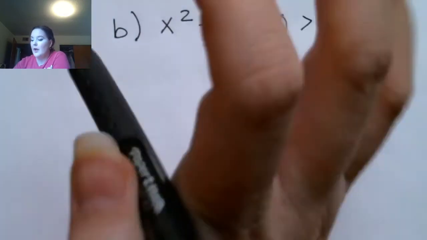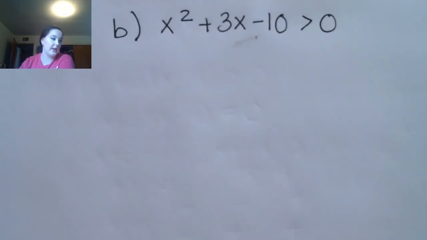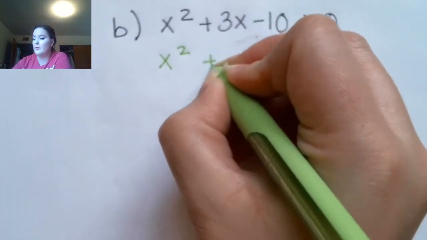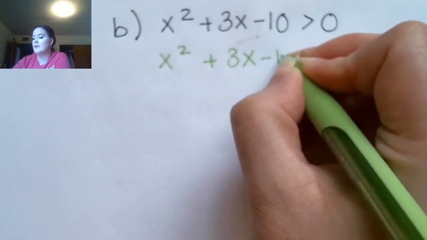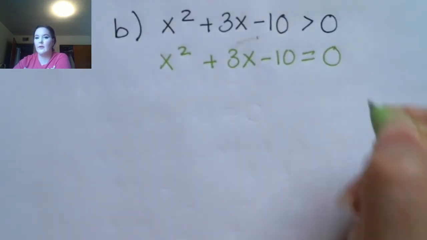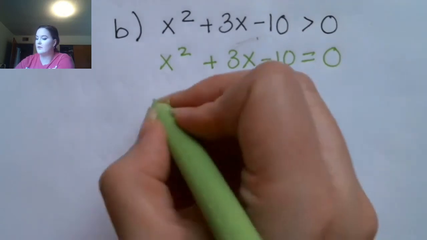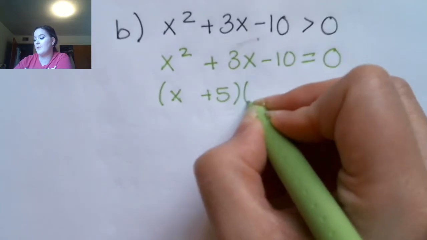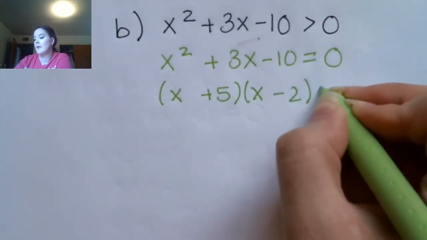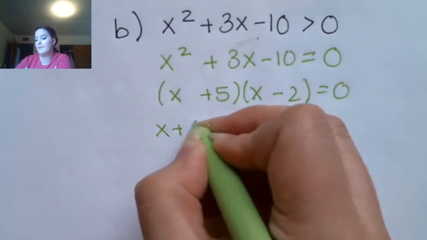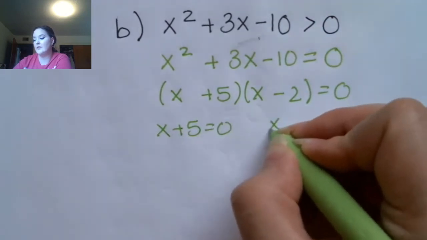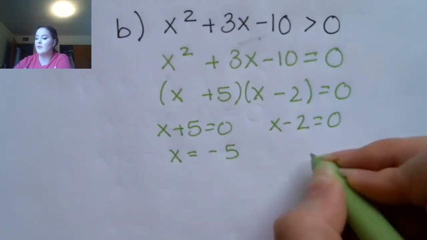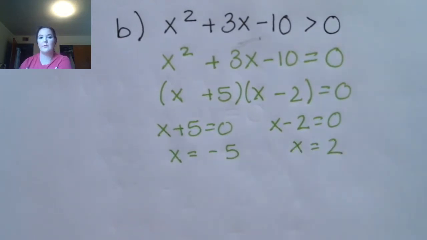Now I'm going to go ahead and solve the related equation. So I would have x squared plus 3x minus 10 equals 0, and I'm going to solve this by factoring. Set each of my factors equal to 0, and I get two solutions, -5 and 2.